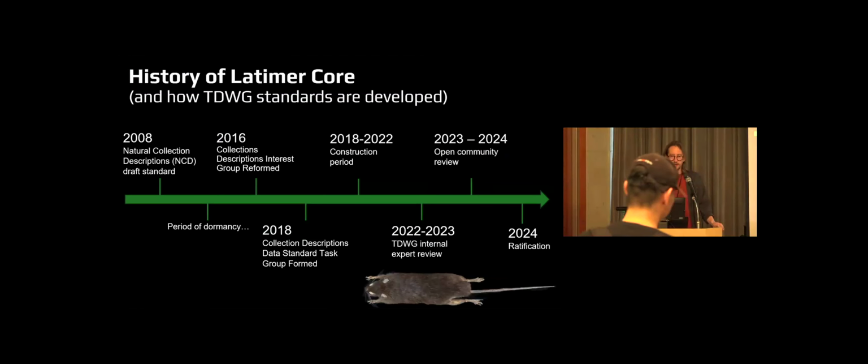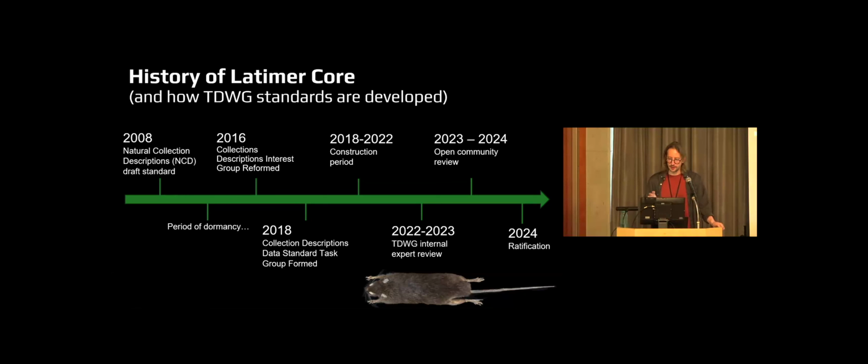Brief history of Latimer Core. I'd say the development of this data standard has been fairly protracted. We've been having conversations about data standards that would describe collections for not quite 20 years, but coming up to it. So the Natural Collections Description Standard kicked off in 2008.